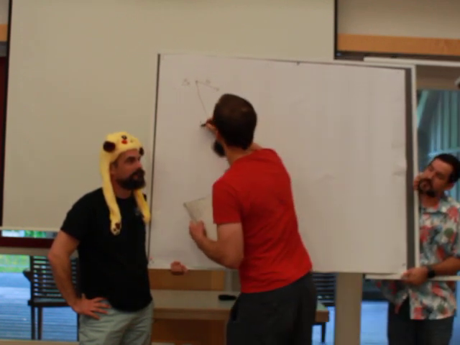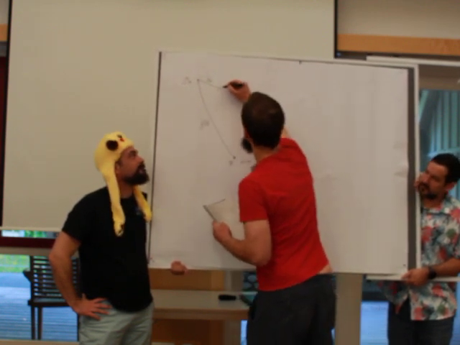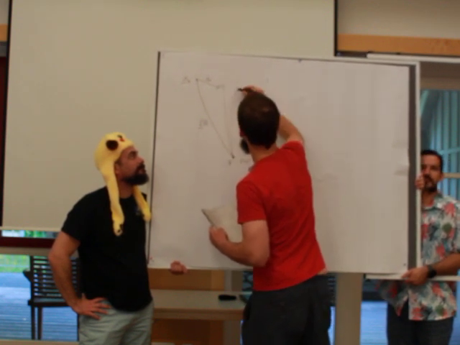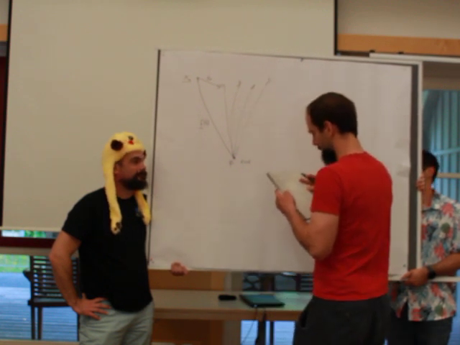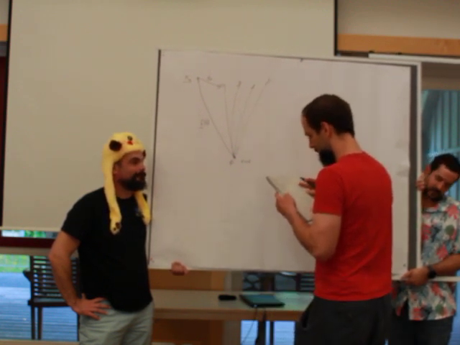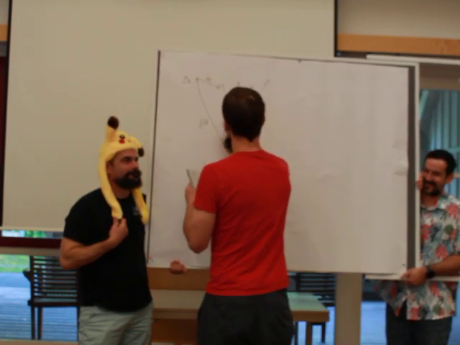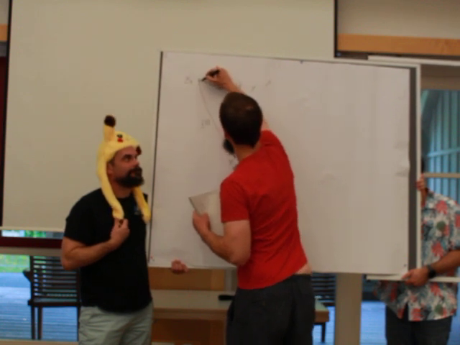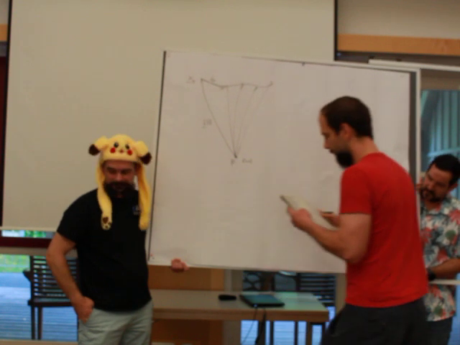You have a force distribution F of t, which might be pointing up like this. It's moving from here to there, while the center of mass is being modulated through it.